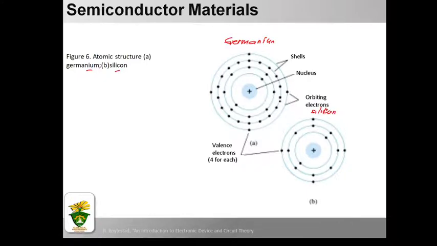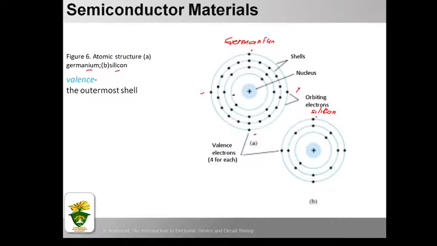In each case, there are 4 valence electrons in the valence shell. The valence shell is the outermost shell. So we have 4 valence electrons for germanium, and for silicon we also have 4 valence electrons.